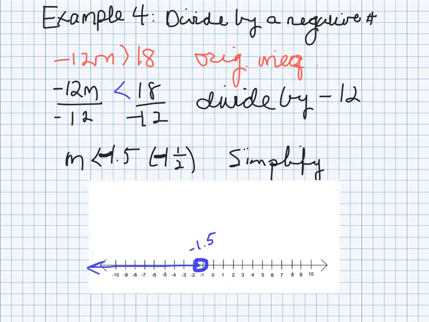Okay, so in this example, we're going to divide by a negative number. Our original inequality is negative 12m is greater than 18. Negative 12m divided by negative 12 here, and 18 over negative 12 here, we're dividing by negative 12 to isolate the m. We end up with m is less than negative 1.5.